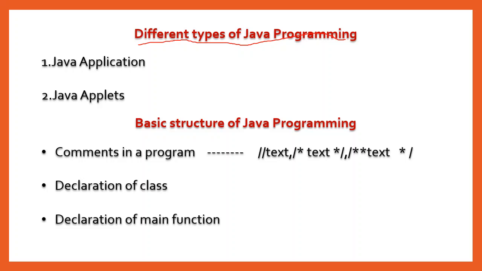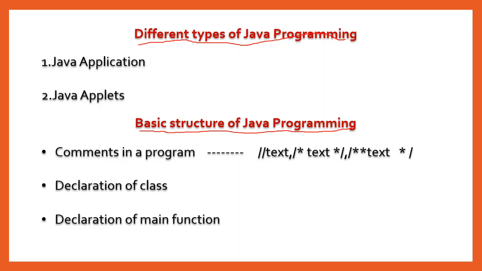Now we will see what the basic structure of Java programming is. Basic structure means in the first line of a program, what we will write, in the second line what should be there, and in the third line what should be there. The first line: comments in a program.